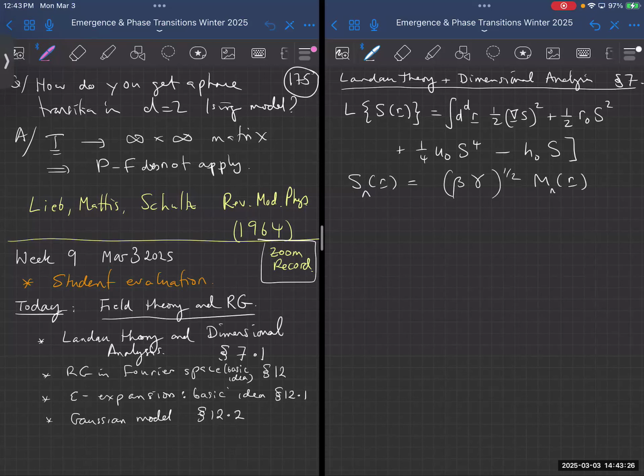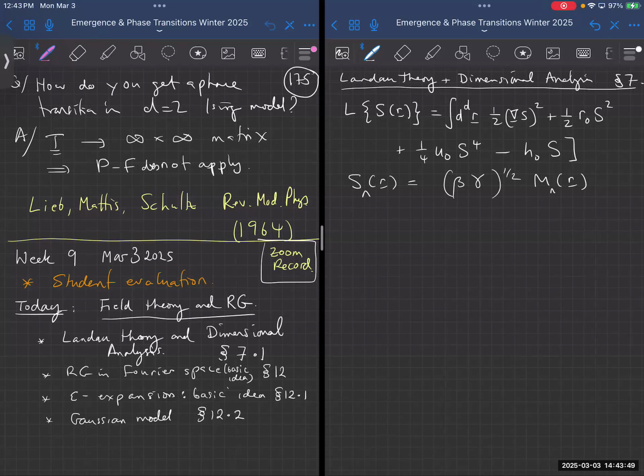And I'm going to put a little lambda on the S to remind you that this is a coarse-grained variable, and so it doesn't really have Fourier components at a k larger than this cutoff.